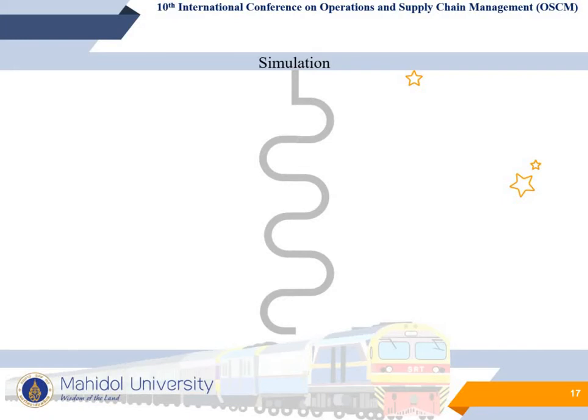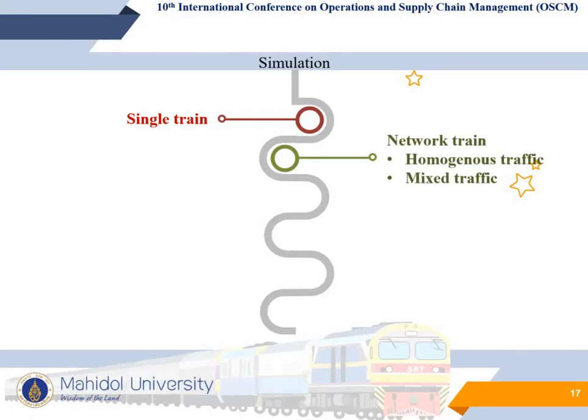Topic 1, single train. Topic 2, network trains. The single train simulation covers the train journey of each train type from origin to destination as a single train in the system in order to find the total journey time.